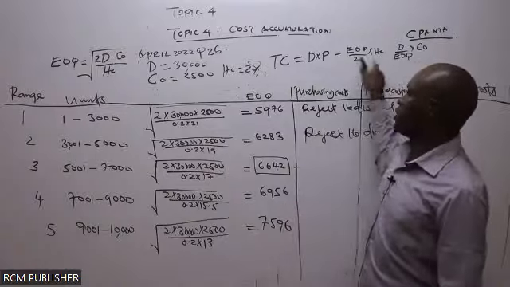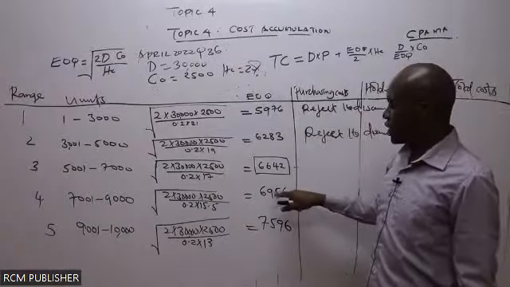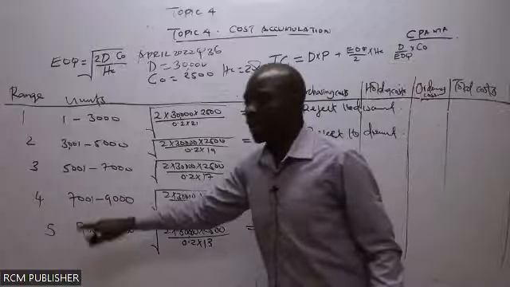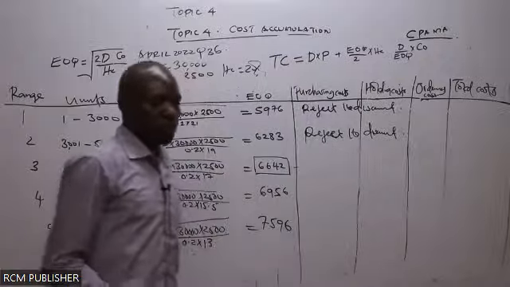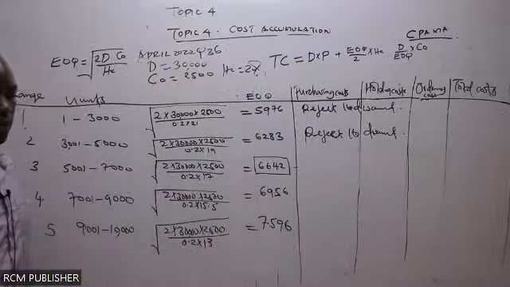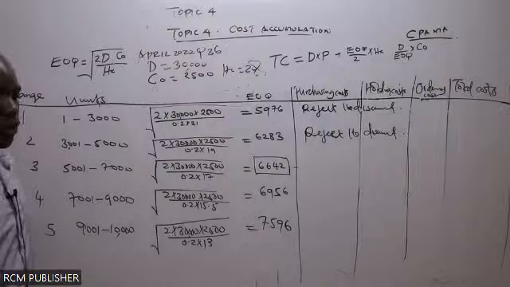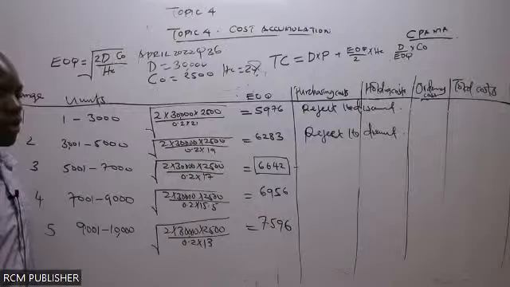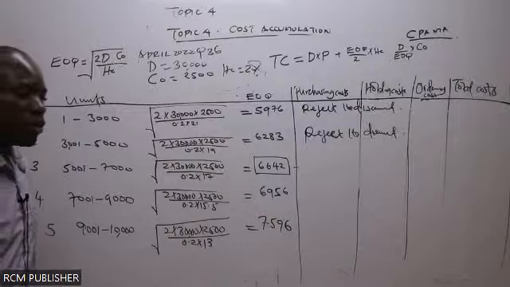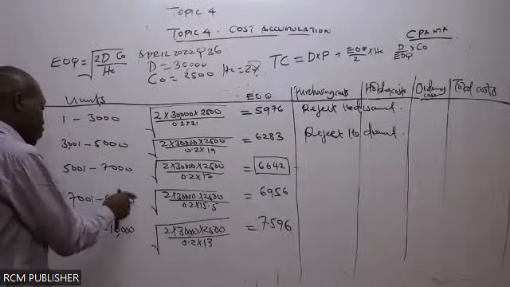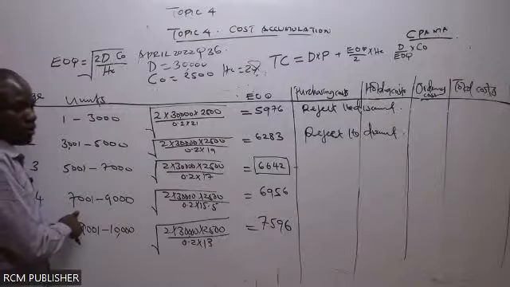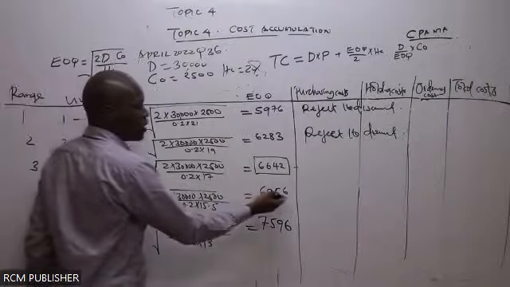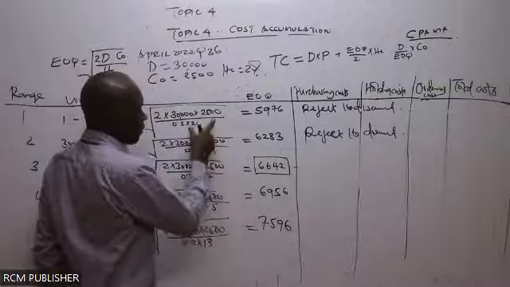For you to calculate the total cost, which one are we going to use, 6956 or 7,001? 7,001. Because for you to qualify for this discount, you must order at least 7,001. But your economic order quantity is this one here, as per the formula.